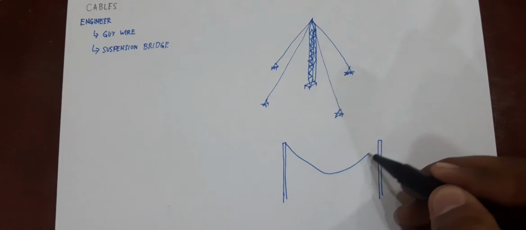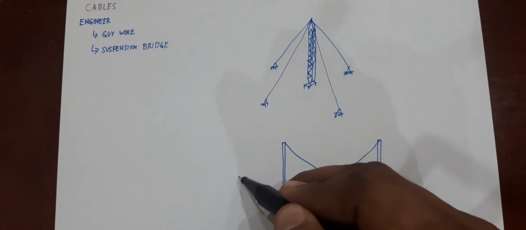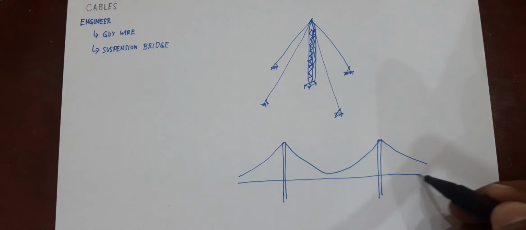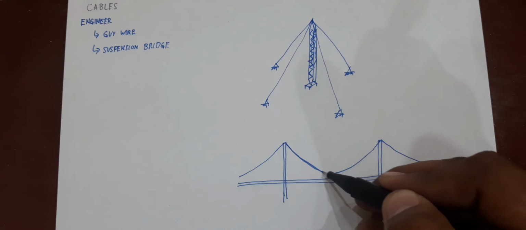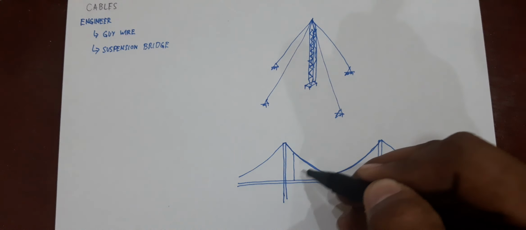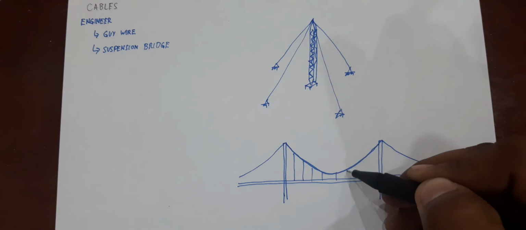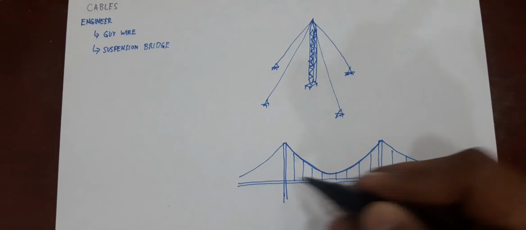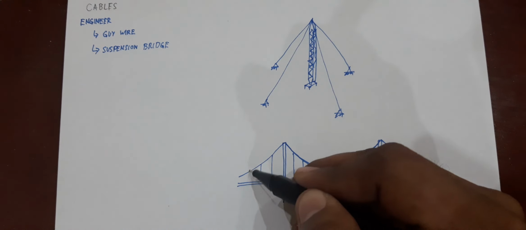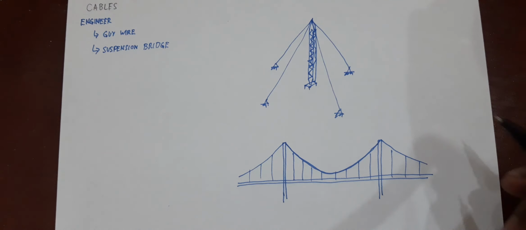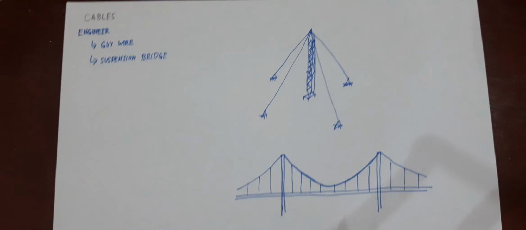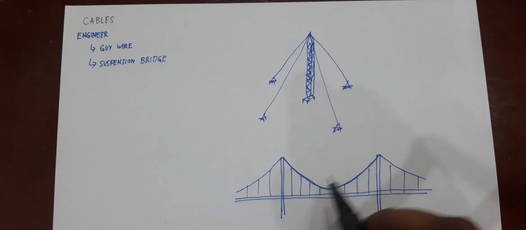You have here your supporting cables. Then you have your bridge deck, and attached to these supporting cables are the cables which will support your bridge deck. One good example is the Golden Gate Bridge in San Francisco or the Brooklyn Bridge in New York. And by the way, this is what you call a suspension bridge.